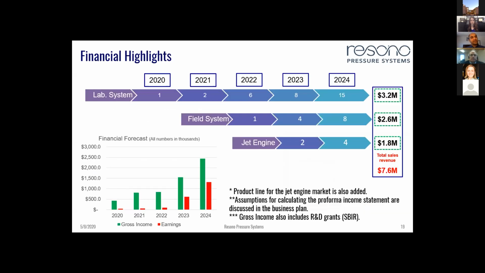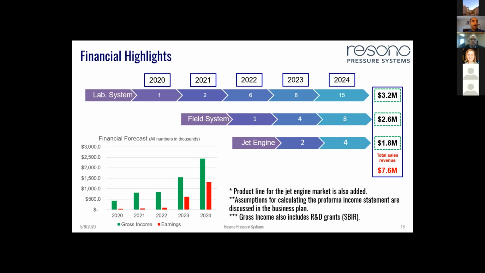In terms of numbers, we have three different systems, and these are the numbers of products that we predict we can sell within the next 5 years. That will result in about $7.6 million in sales revenue.